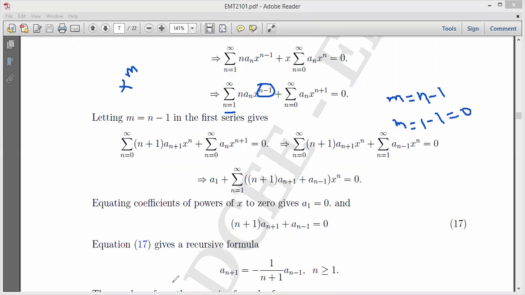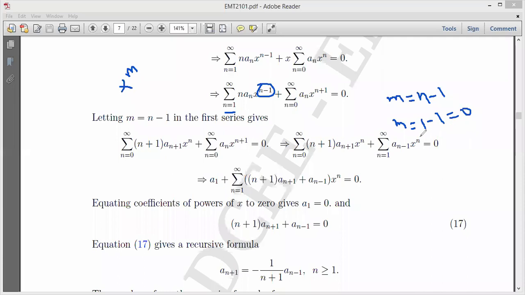So what I was saying is when you substitute, m is n minus 1, but n is 1. Remember, we are summing from n equal to 1. So what does that imply? That m now will start from 0. So it means m will run from 0, and our lower limit has changed.